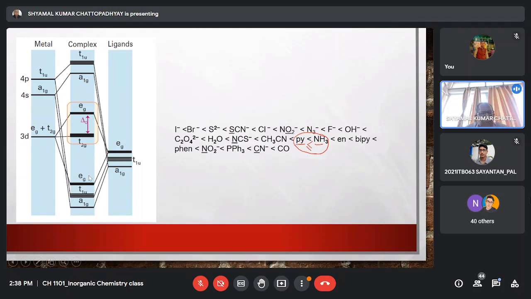So main bonding energy is coming from these 3 bonding orbitals, and out of these 3 bonding orbitals, only these 2 orbitals are Eg orbitals where we have sufficient contribution of the metal ion, but the main bonding orbitals are this T1u and A1g orbitals, which are actually s and p orbitals.